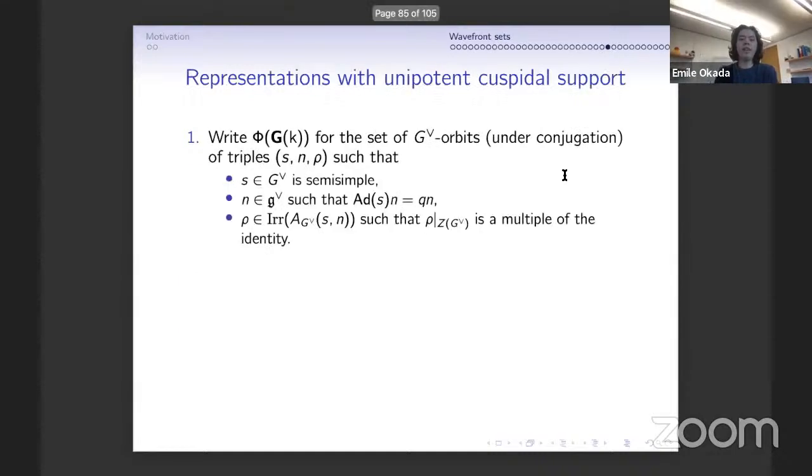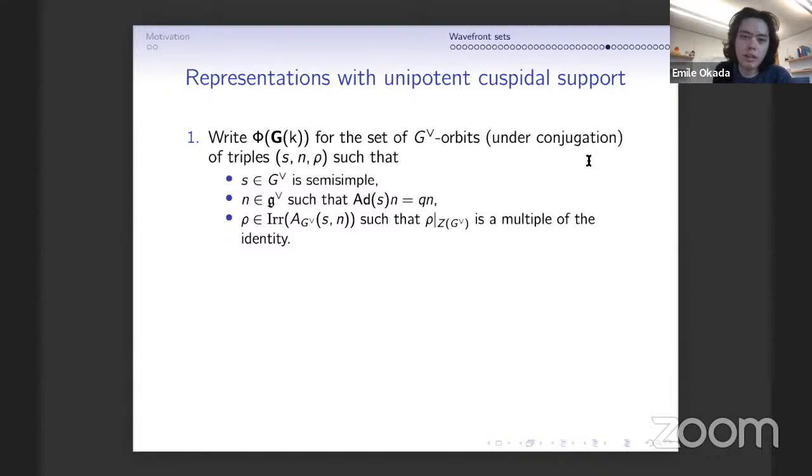Right. So let me now go on to describe some results that Dan, Lucas, and myself have done in computing this invariant. And to do this, let me just introduce some notation again. Let me just recall the parameterization of representations with unipotent cuspidal support.